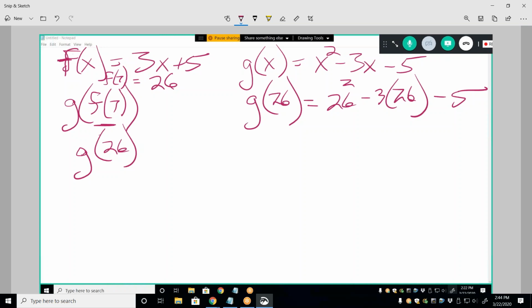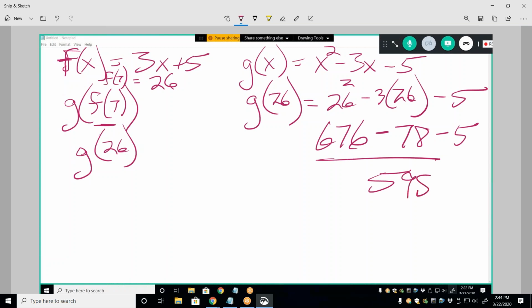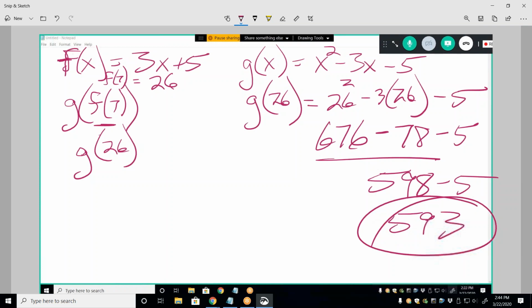So 26 squared is 676 minus 78 minus 5. So that is 598 minus 5 is 593. That is g of f of 7.